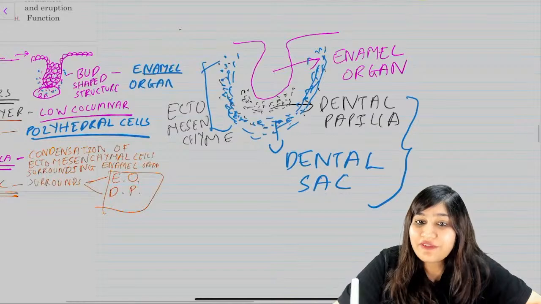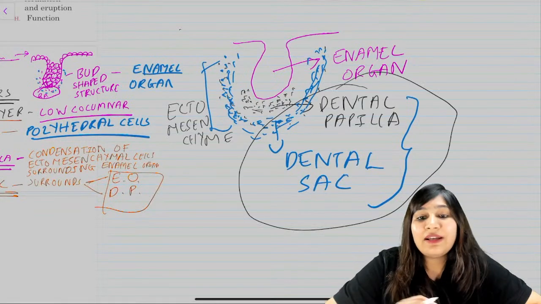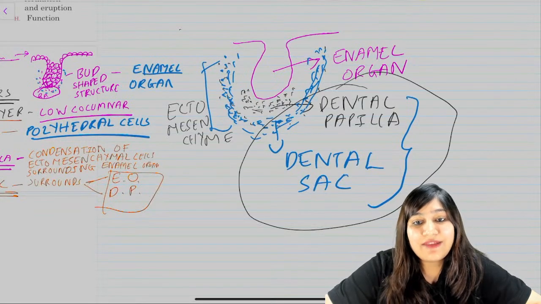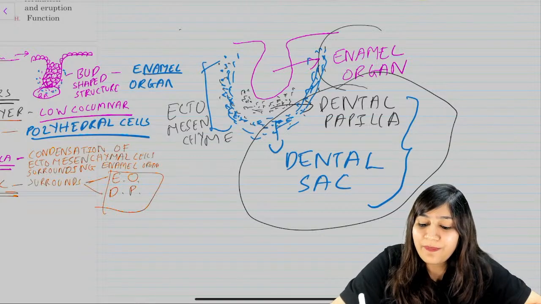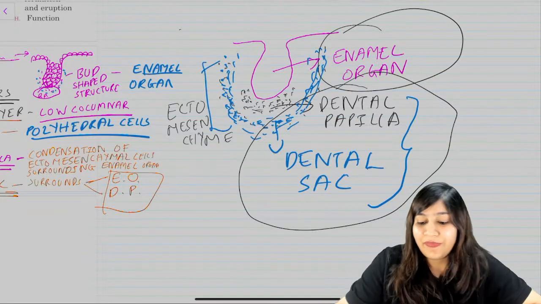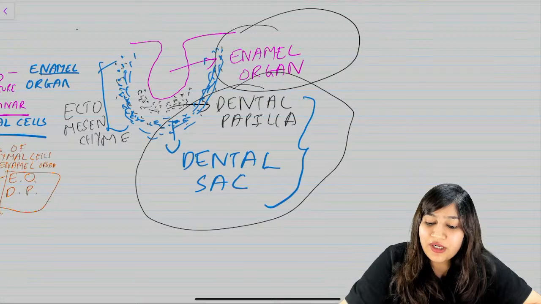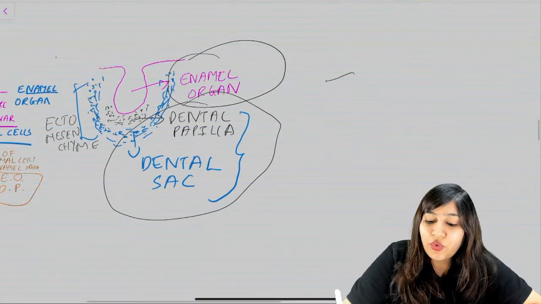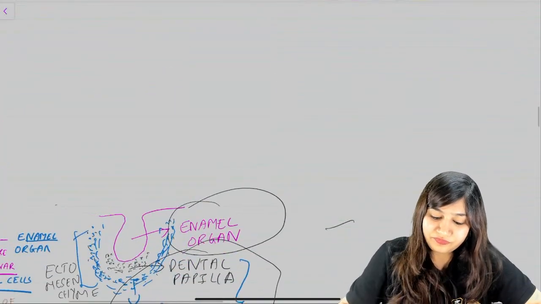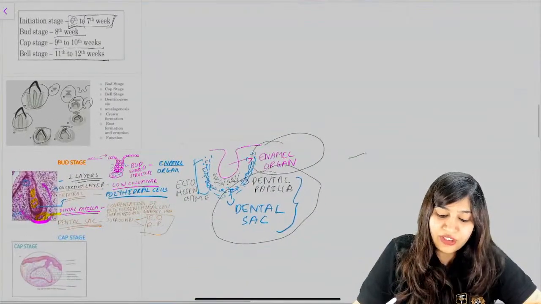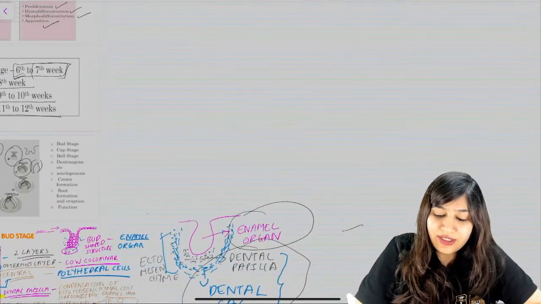The rest of the dental tissues will be formed from dental papilla and dental sac, while only enamel is formed from the enamel organ. And these three structures basically form a tooth germ.